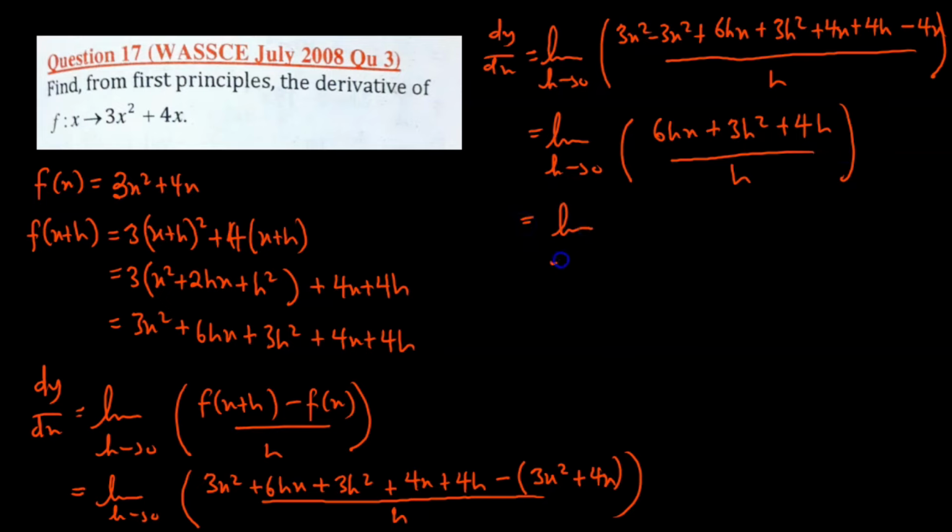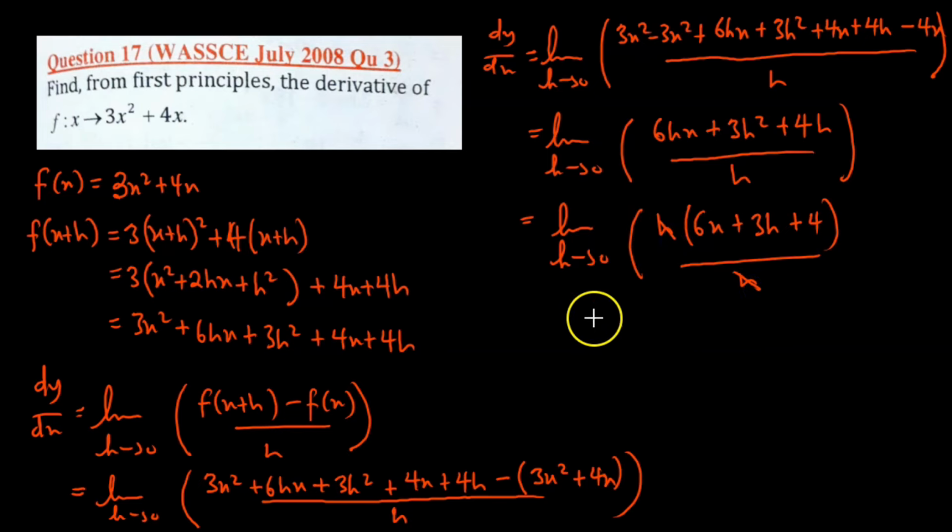So the limit as h approaches 0 will be h out, because h is common to all of them, into bracket 6x plus 3h and then plus 4, all over h. So h can do away with the h there, and then we are left with the limit as h approaches 0 of 6x plus 3h plus 4.